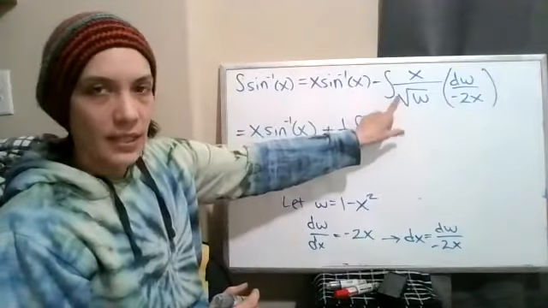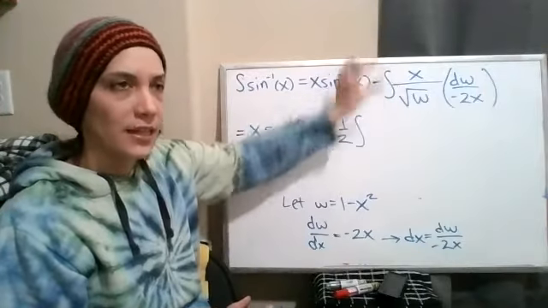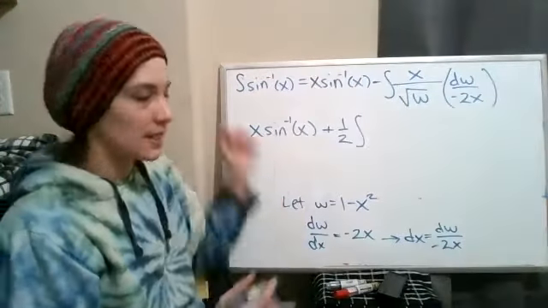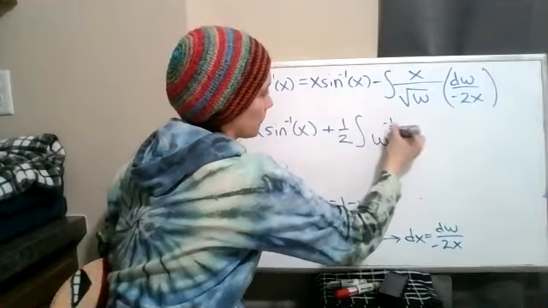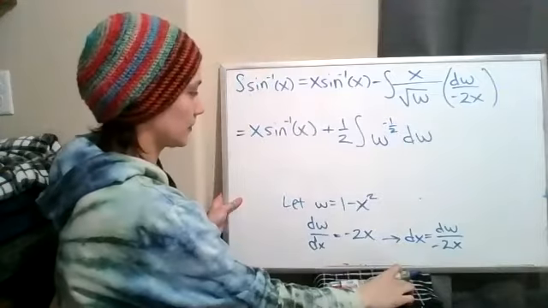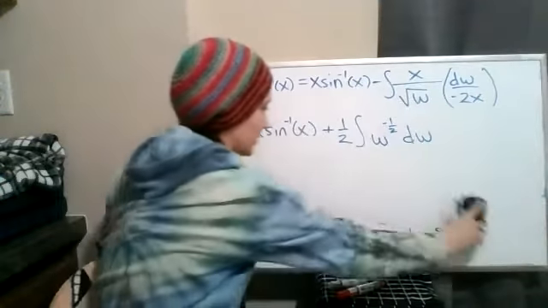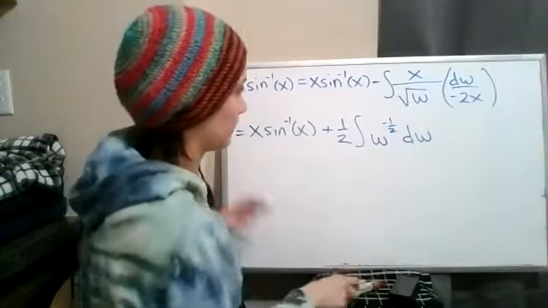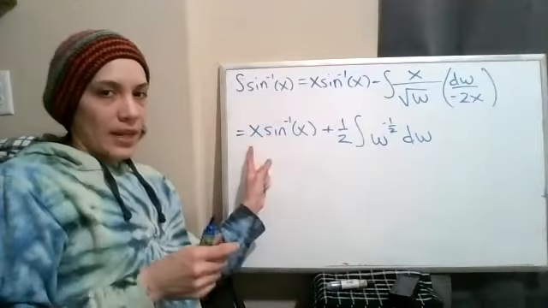Root w is a w with 1/2 power, and I would like to put it in the numerator. So w to a negative 1/2 power dw. And I guess we'll remember to replace w later. Copy that part.